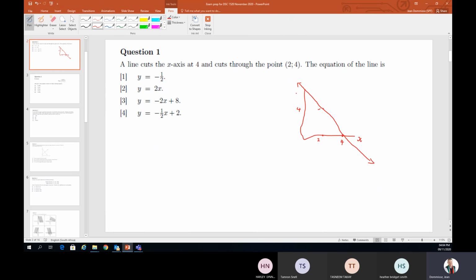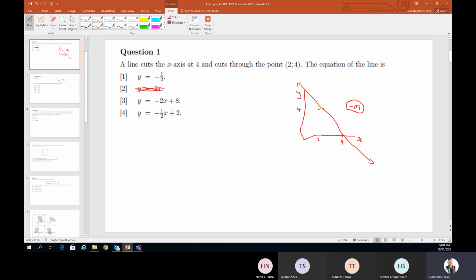So if the line is that shape, we know that your m or your slope will be negative. Before going any further: negative, positive, negative, negative. Okay, so that can't be. First thing is option 2 is a no-go.